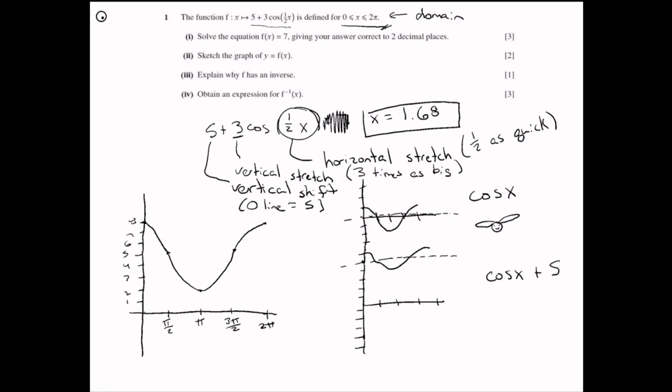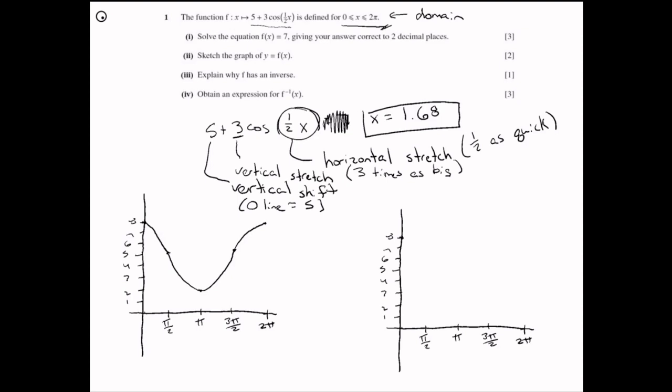We did all the vertical parts. Now it should be really easy to just slow it down. I'm going to erase some work and then remake the graph. So now we have the same graph, but without the graph part. We're going to start this at 8 as usual. And then when we think about half as quick, we realize that pi is going to be where 2 pi is.